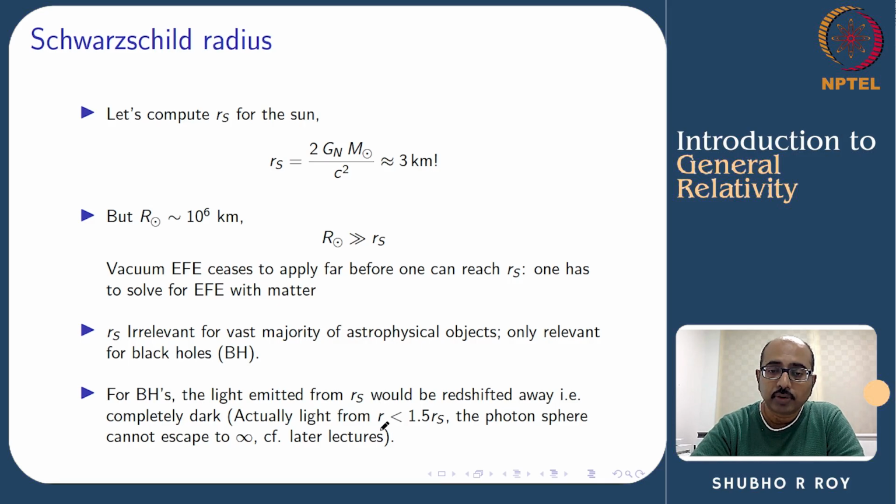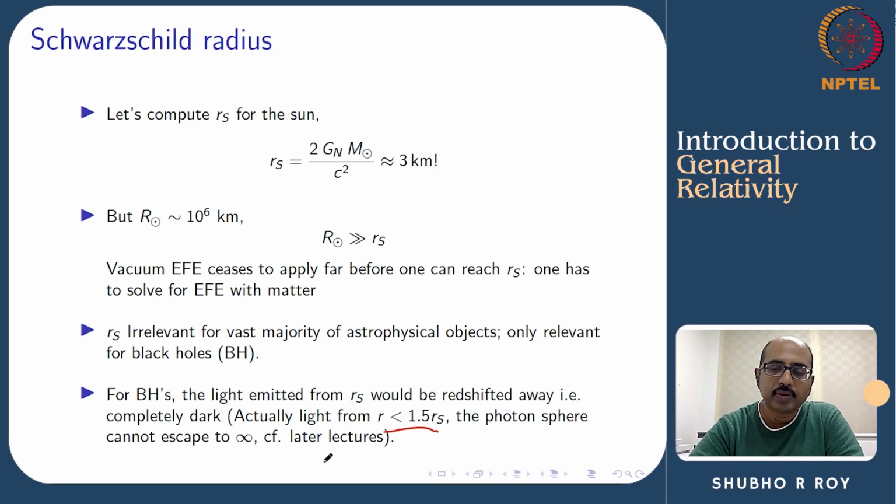But actually, it turns out light from 1.5 times the Schwarzschild radius, which is the location of the so-called photon sphere, cannot escape to infinity. So you will not be able to see a light signal not just from the Schwarzschild radius, but actually from 1.5 times the Schwarzschild radius, even before that.